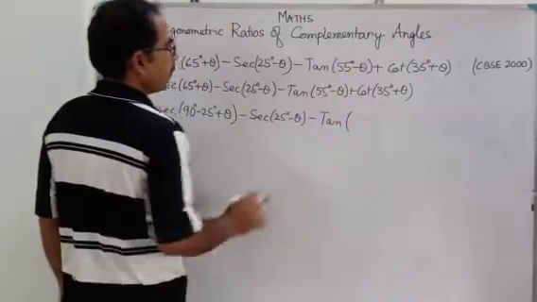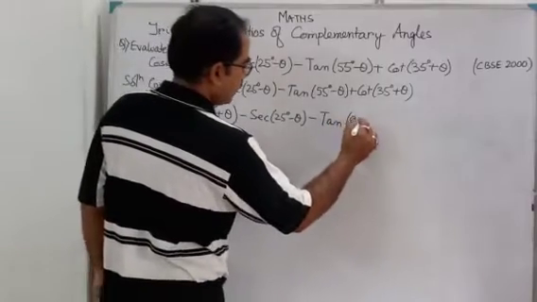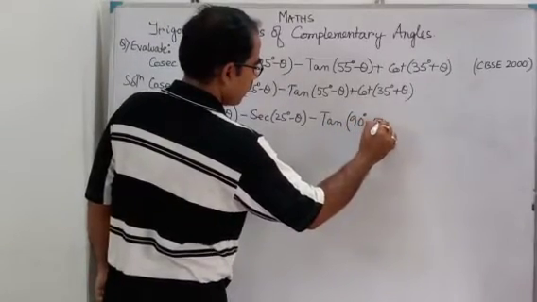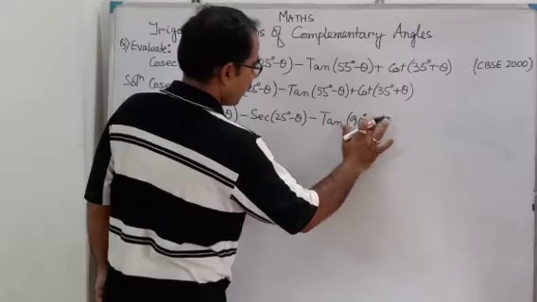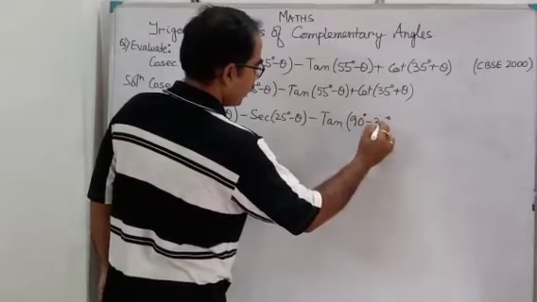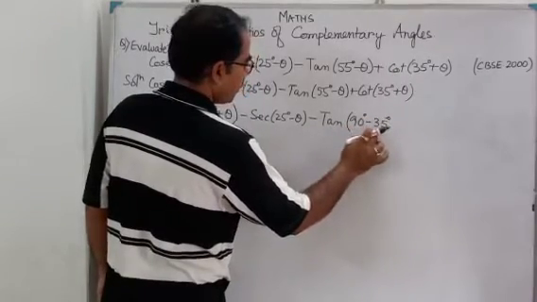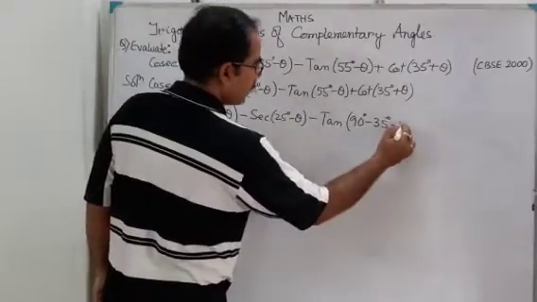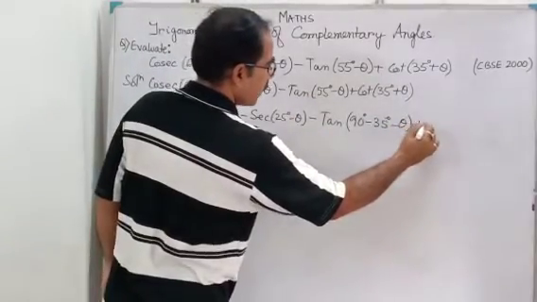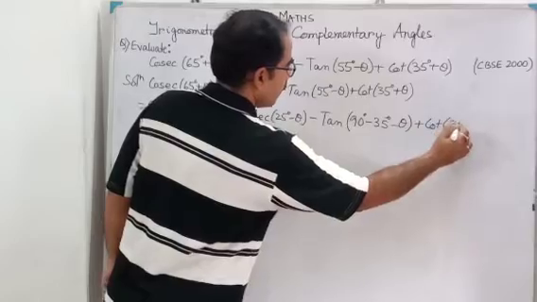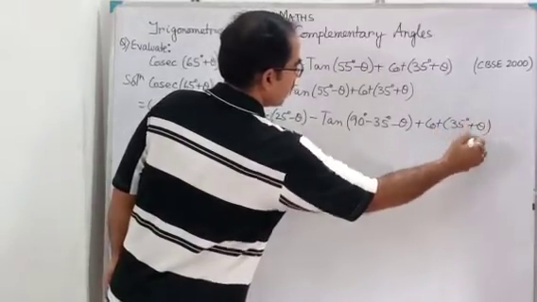Now 55 degree can be written as 90 degree minus 35 degree, because 90 degree minus 35 degree gives you 55 degree, minus theta plus cot 35 degree plus theta.